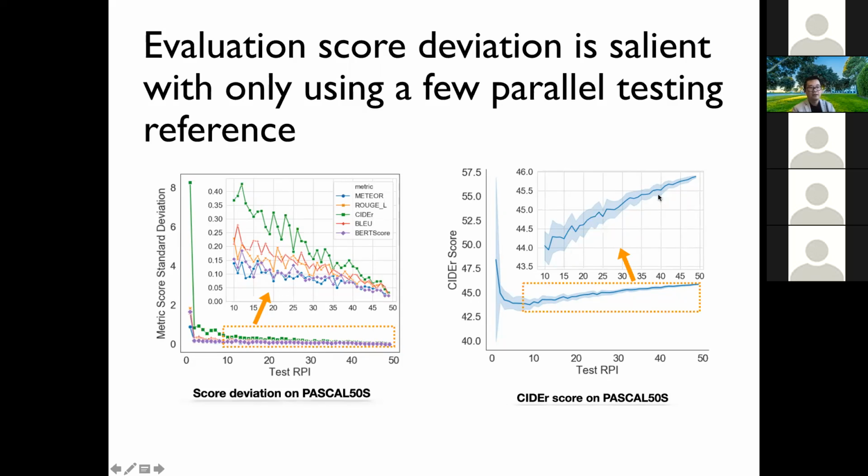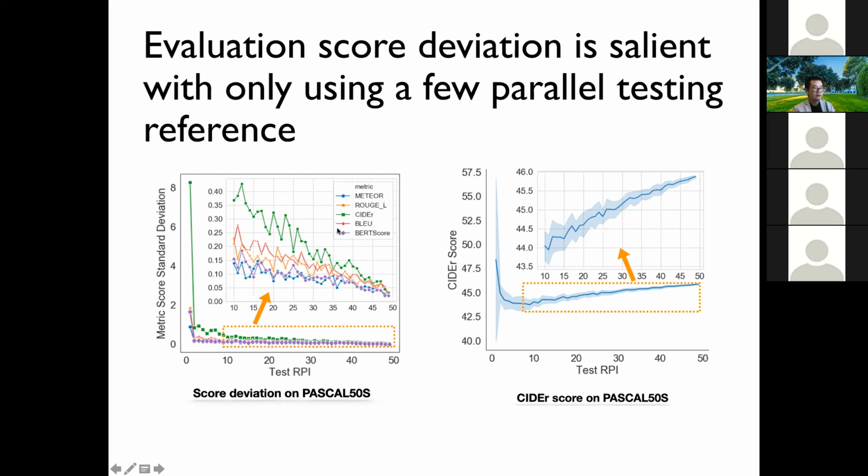And with more references, you can see this stabilize. When you have 30 to 50 references, then you have a more reasonable, more stable Cider score when you're looking at the testing situation. I think this is also the same for the standard deviation.